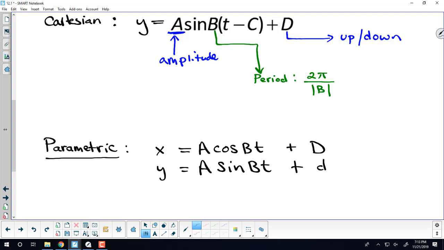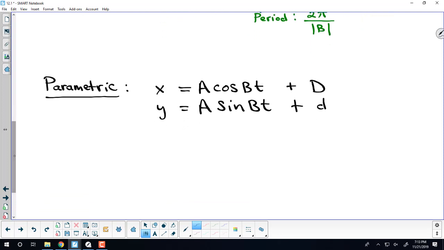The B still affects the period because it's with the argument of the sine or the cosine, and the D is still up or down with respect to the y coordinate, and now left or right with respect to the x coordinate. So this type of situation is a circle with a radius equal to the magnitude of A.